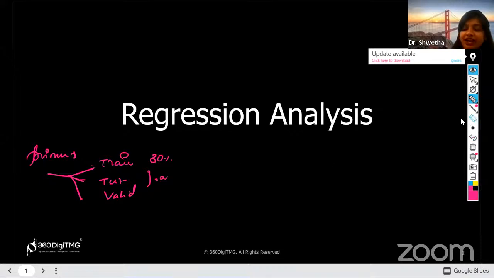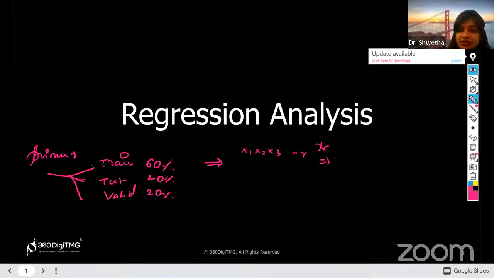Or you can divide it like 60% in train, 20% in test, and another 20% in the validation. So first, we train the model with the 60% of data. In the 60%, we pass all the x variables and the y variable too. By this, the model will have learned the pattern using the mathematical equation. And after learning, we check for the accuracies.